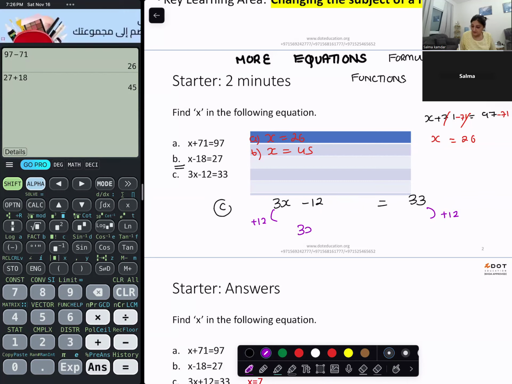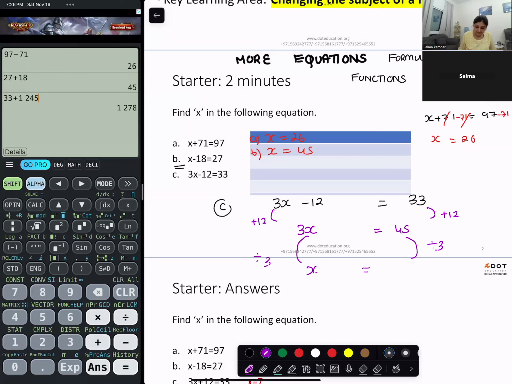So what I am left with, 3x is equal to 45. Now I will divide both the sides by 3. So I'm left with x is equal to 15. So the C part is x is equal to 15.